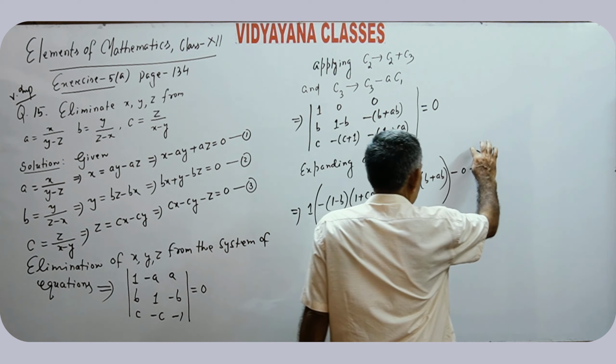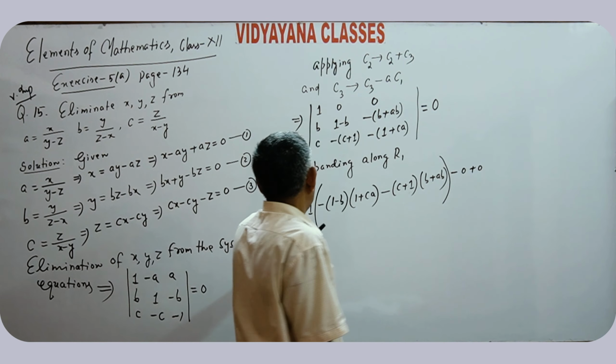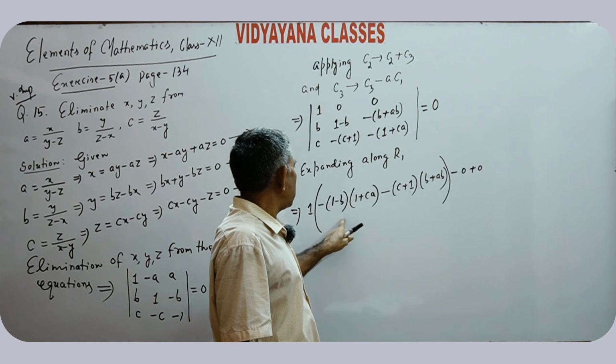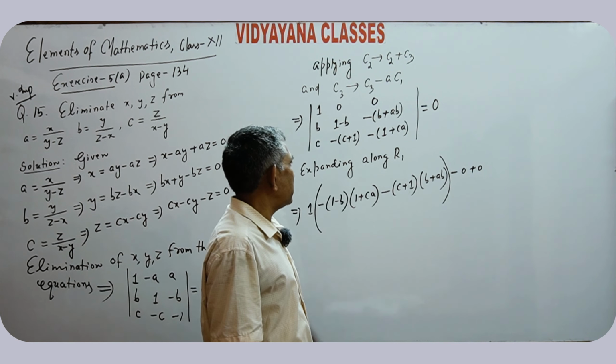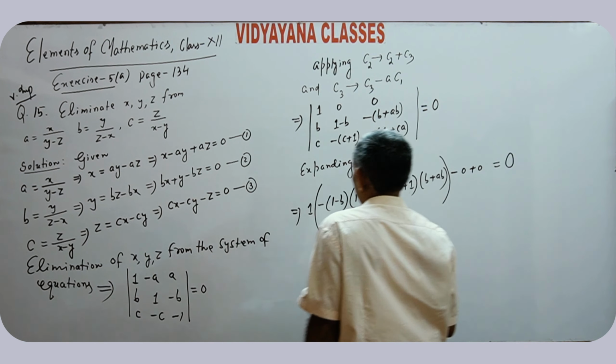Clear? Minus 0 and plus 0. 1 into this is this minus this is equal to 0.